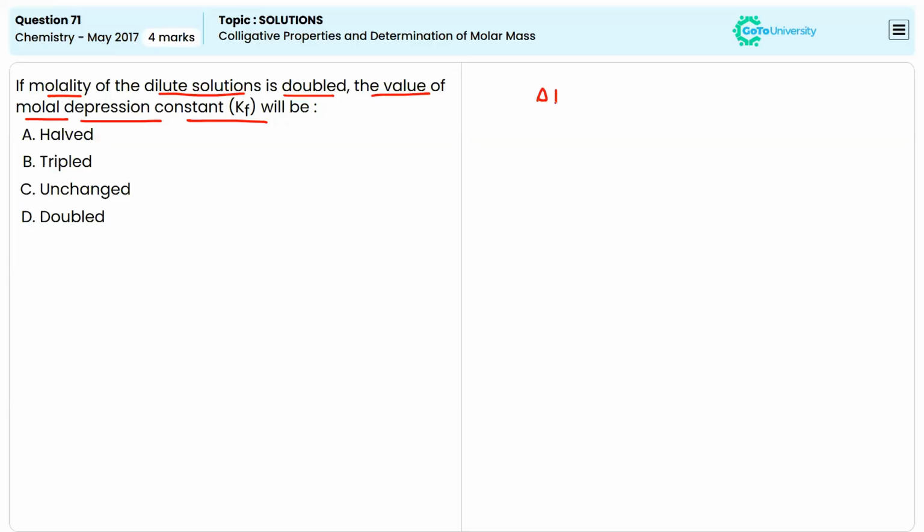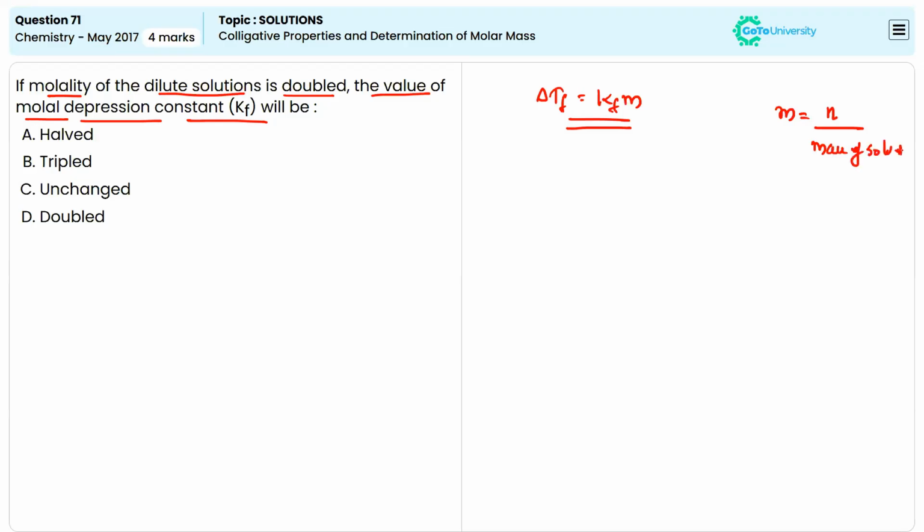When you add a non-volatile solute to a pure solvent, the freezing point of the solvent will decrease. The depression in freezing point is equal to Kf times the molality, that is Kf times m. And molality is the number of moles of solute present in 1 kilogram of the solvent, not the volume. So m is equal to number of moles of solute divided by mass of the solvent.